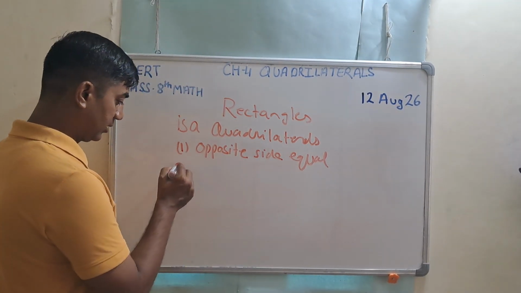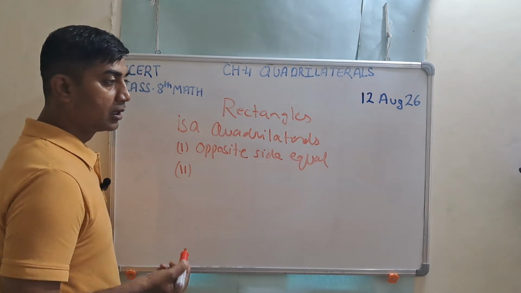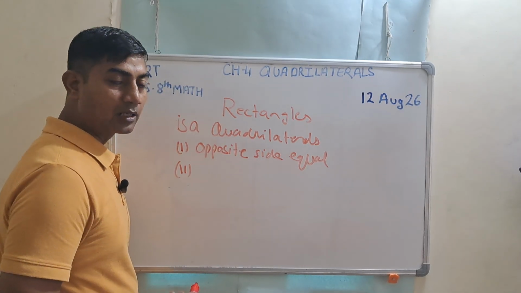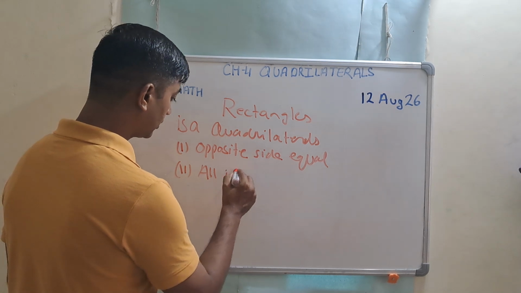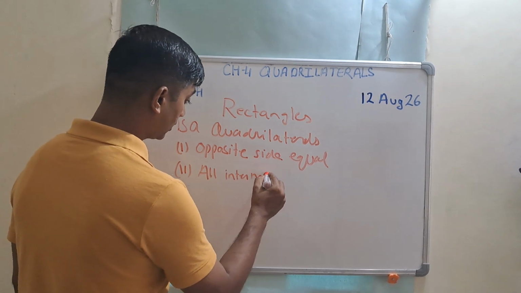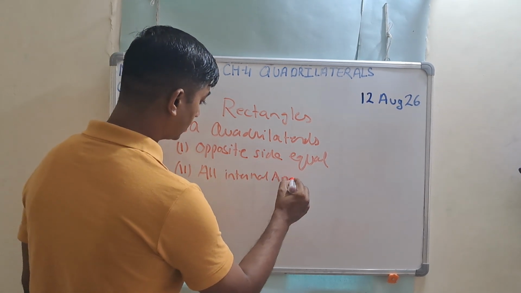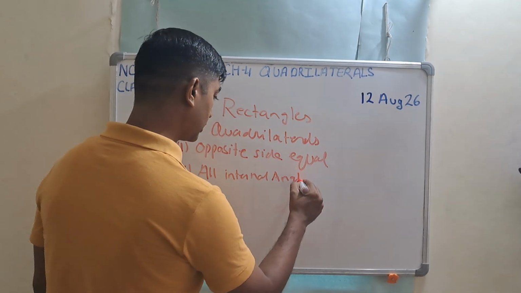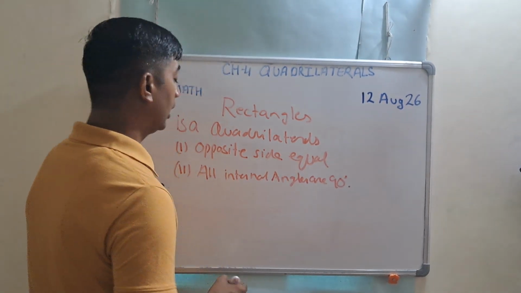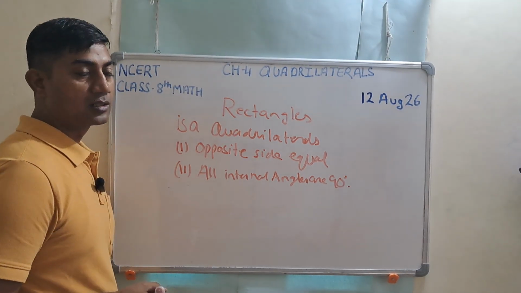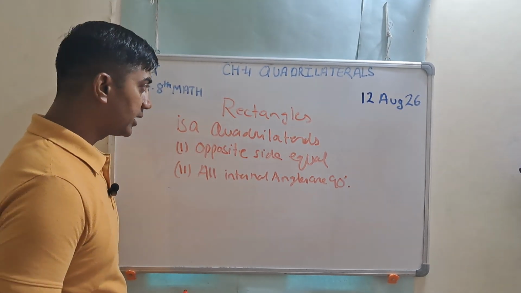Understood? And all internal angles are 90 degrees. Understood? And in this class, what more did we study about the rectangle?